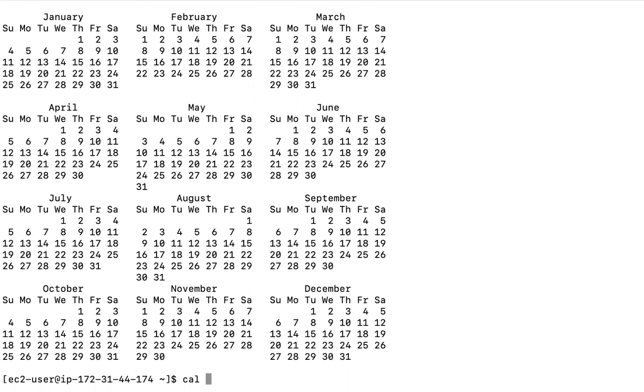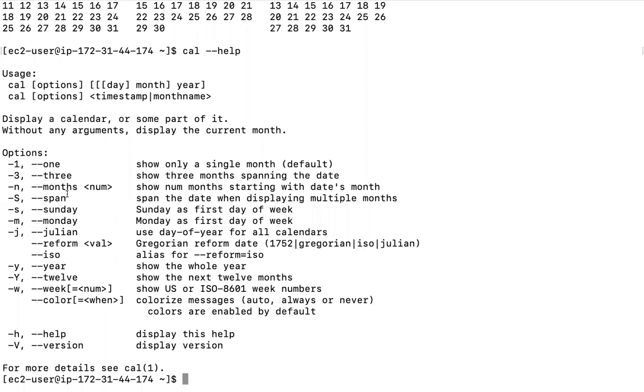Now, what other options do we have with calendar? Just type in -f1 and it will print a single month, so -1 or -f1. We can use this option with the cal command to show only a single month. -f3, so only 3 months are spanned. -n, month number, you can define how many months you want to print.